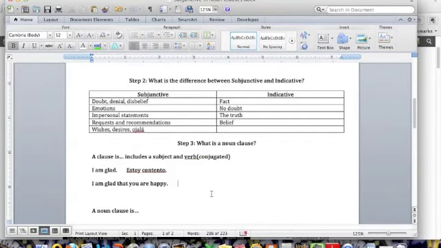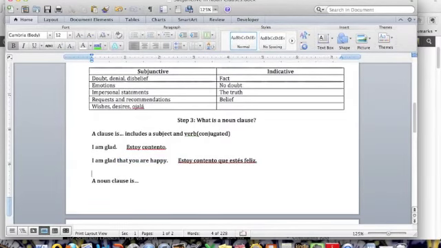So we're going to have two different clauses. One will be a noun clause. So let's see here. Estoy contento que estés feliz. My first clause is I am glad, and my second clause is that you are happy. The noun clause here is that you are happy.